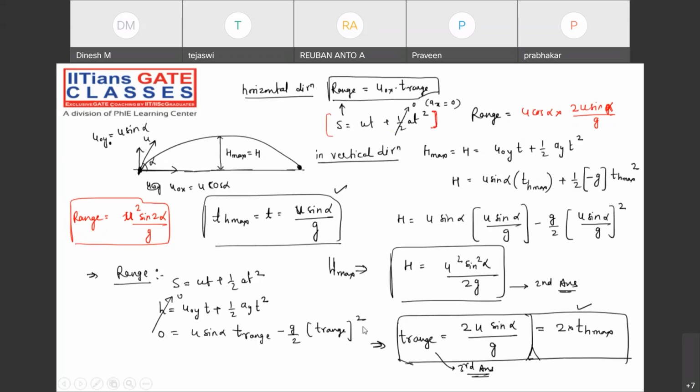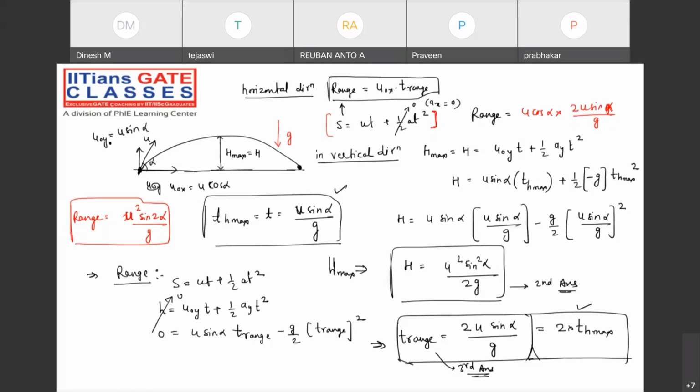Now tell me, in which condition will Ax not be equal to 0? Under the effect of gravity, this motion has no acceleration in the horizontal. Simply throwing the ball upward or in an inclined direction, in projectile motion, Ax will be 0.